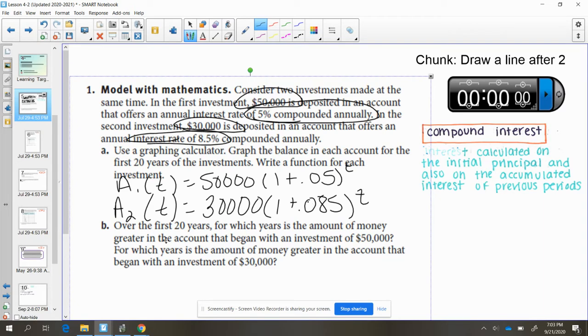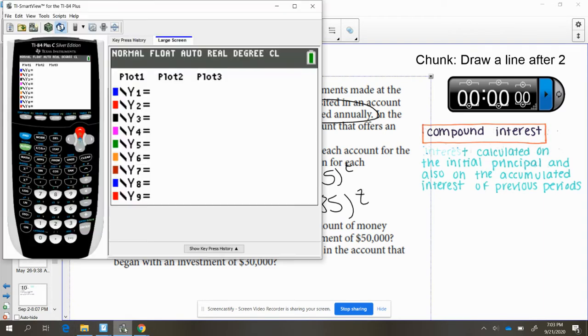So if we compare these two over 20 years, I'm going to type these into the calculator, and we're going to have the $50,000 account, 1.05 to the t, or the x in this case, to the x, and then we also have the $30,000 account at 1.085.